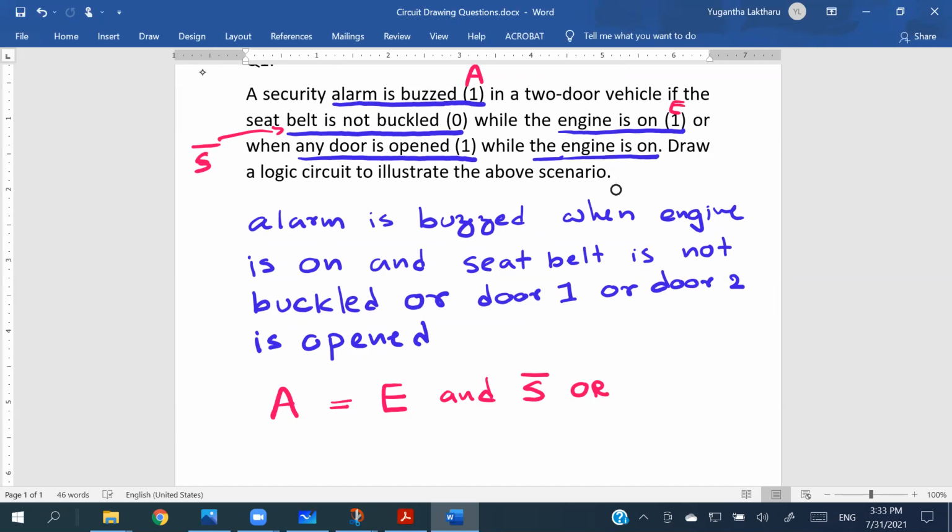That means D1 or D2, because open is indicated by 1. So since there are 2 doors, we can take D1 and D2. Right? Okay. Can you understand how I derived the expression, people? Yes, everyone? Can you understand how I derived the expression?